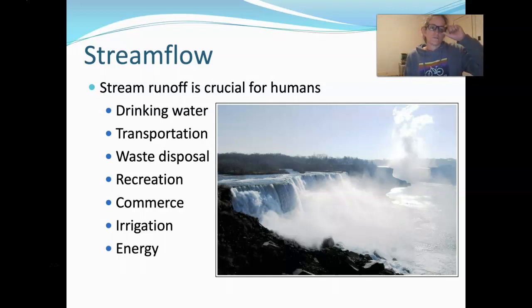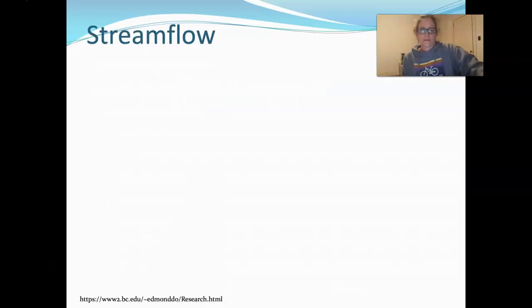We also use streams for hydroelectricity. We can dam a stream, give us a hydraulic head that's high enough, let water drop down, kind of like a fake or man-made waterfall, and generate electricity that way. So we'll also touch on hydroelectricity.